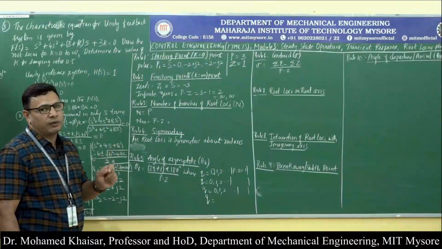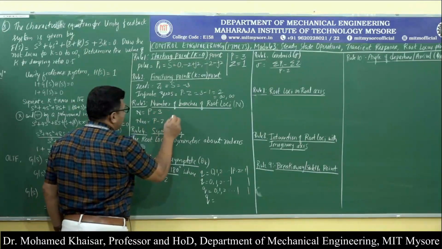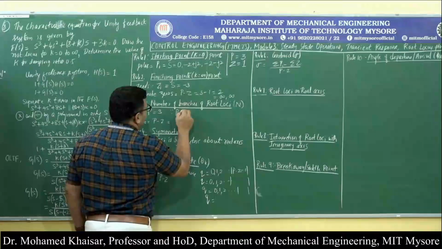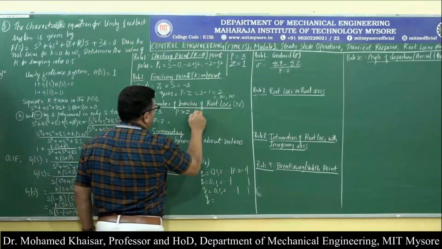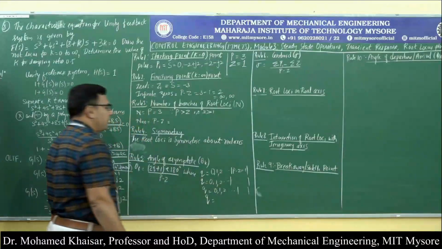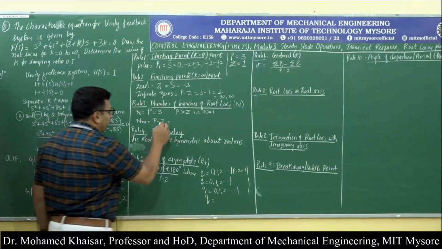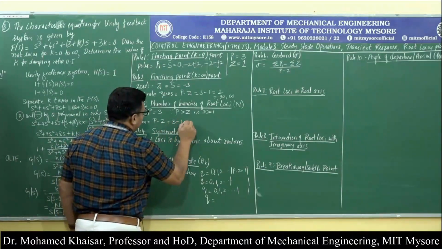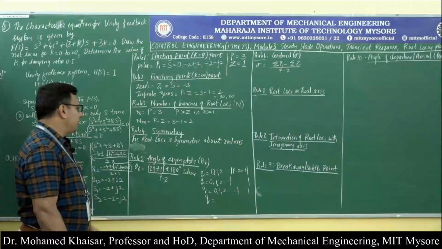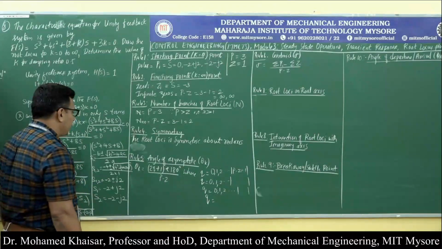Therefore, the number of branches of root loci will be equal to the number of poles, that is 3. The number of branches terminating at infinity is given by P minus Z, that is 3 minus 1, equal to 2. So 2 branches of root loci are going to terminate at infinity.